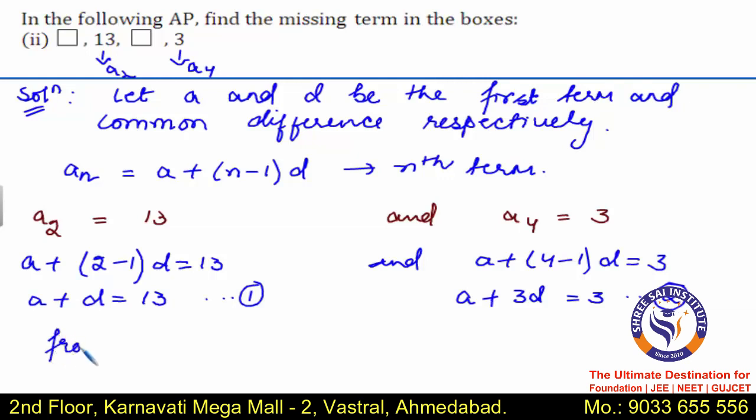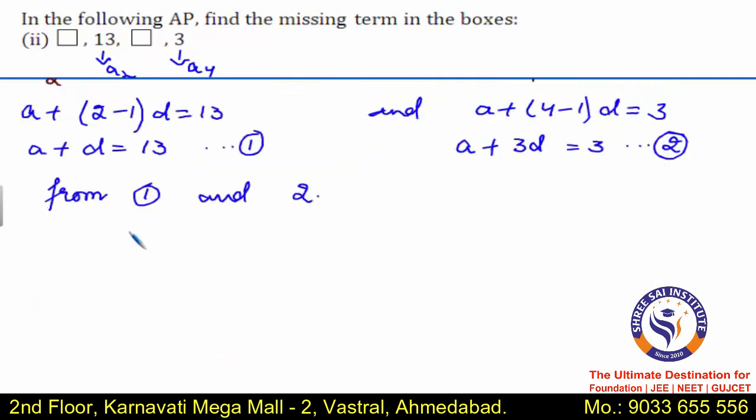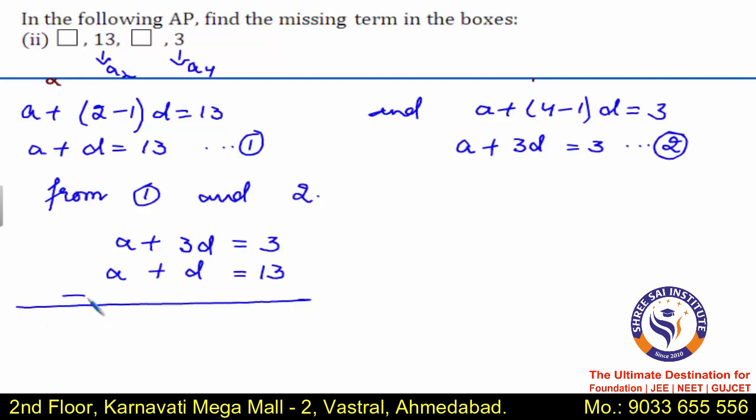Now, from equation 1 and 2, first writing the second equation, which is A plus 3D is equal to 3, and then writing the first equation. Now, let us subtract equation 1 from equation 2.